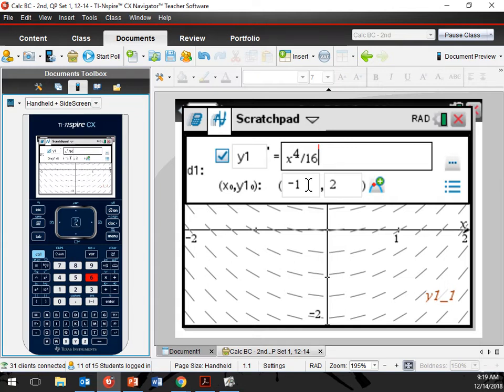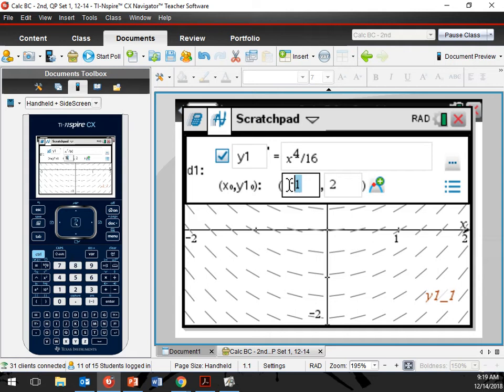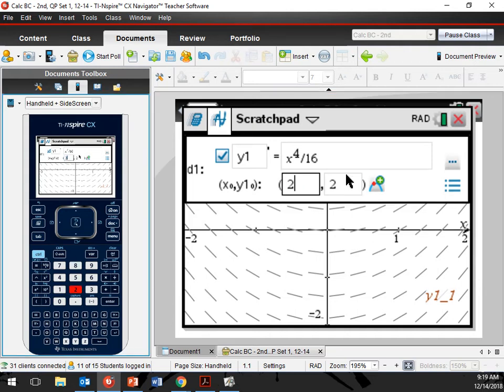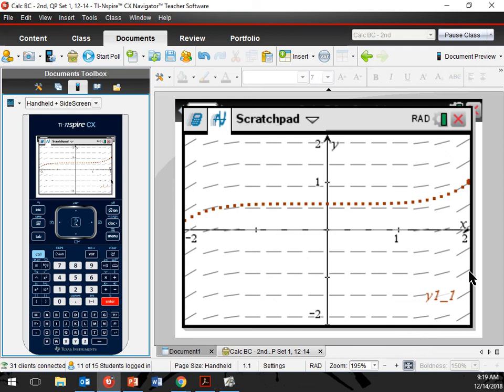X was 2, y was 1. It looks like all the points right here. This is the particular solution of this right here. So this is the solution that I have for this.